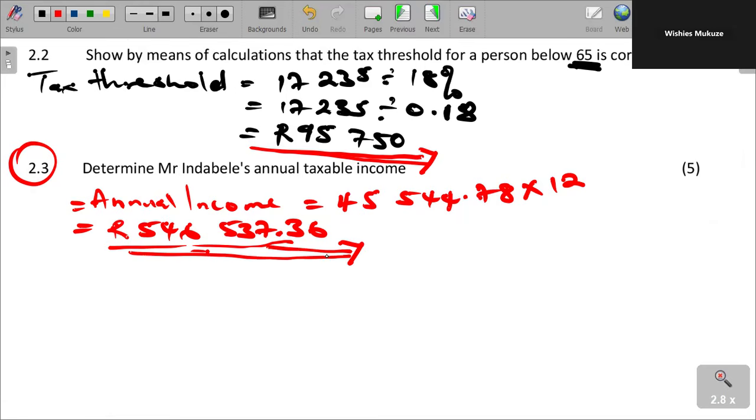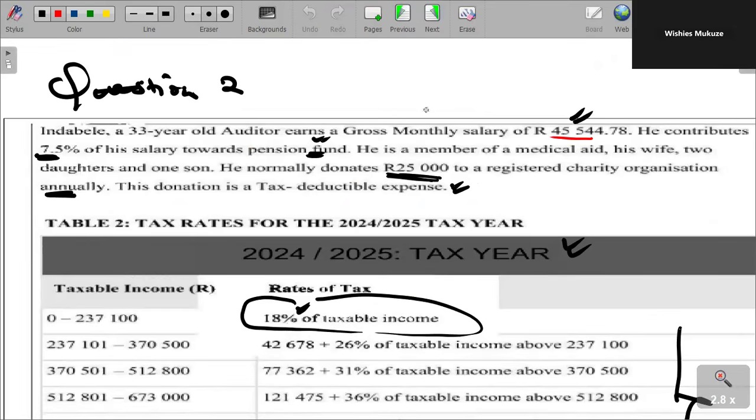And then what happens is the pension fund. We want to calculate the pension fund. There is an amount given that he contributes towards the pension fund.